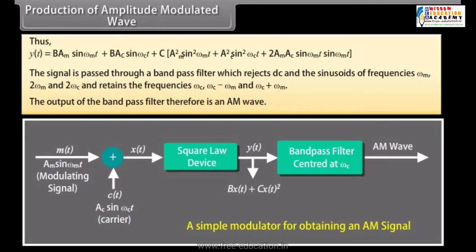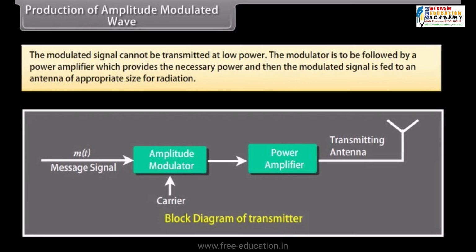The output of the band-pass filter, therefore, is an AM wave. The modulated signal cannot be transmitted at low power. The modulator is to be followed by a power amplifier which provides the necessary power, and then the modulated signal is fed to an antenna of appropriate size for radiation.